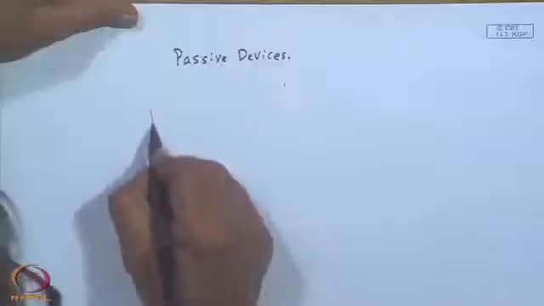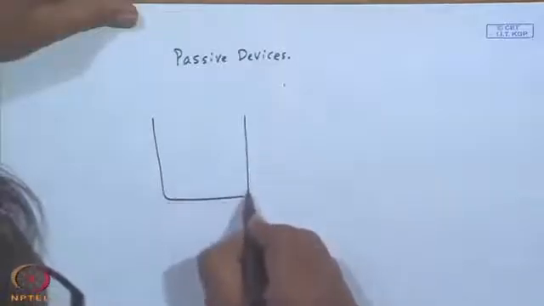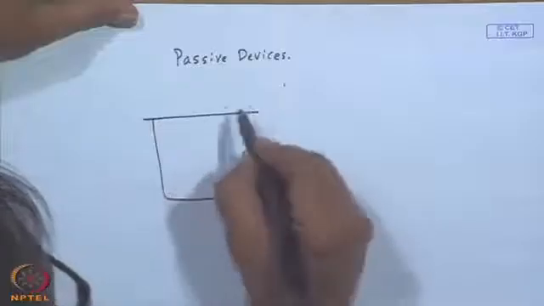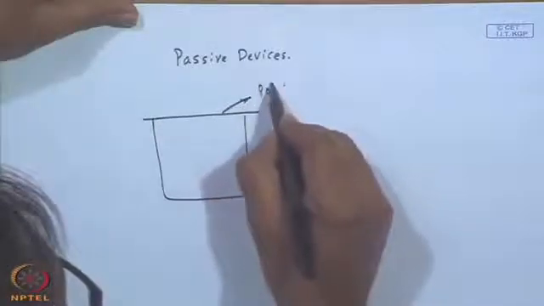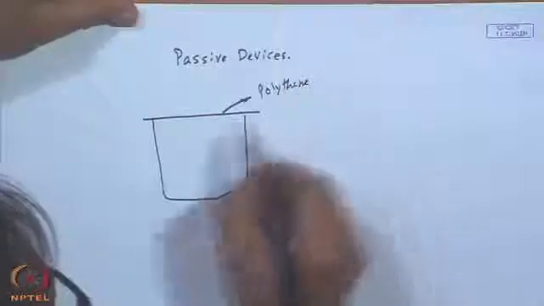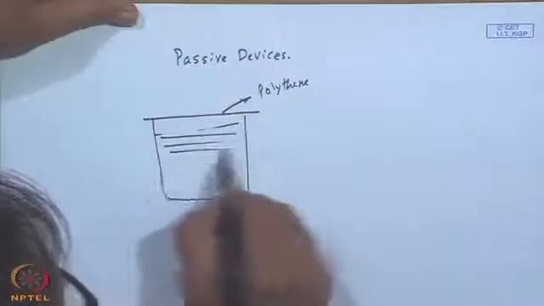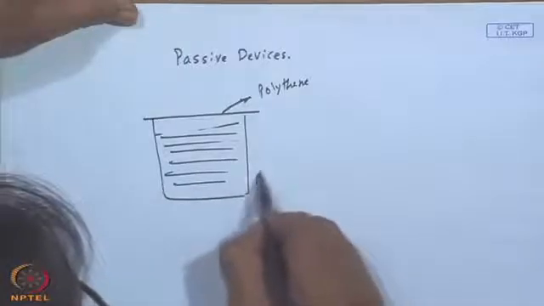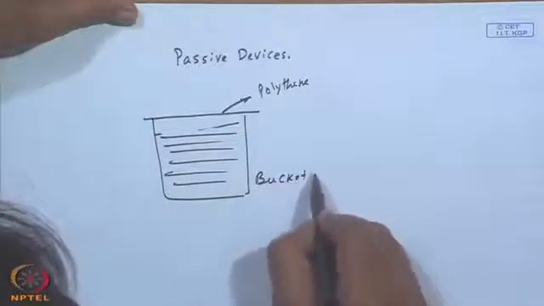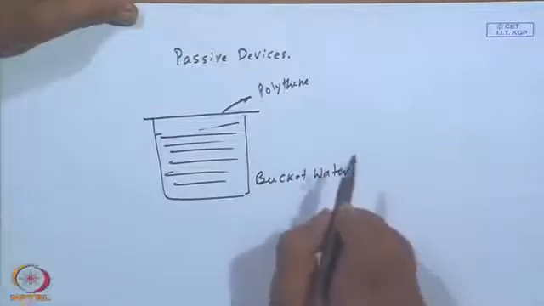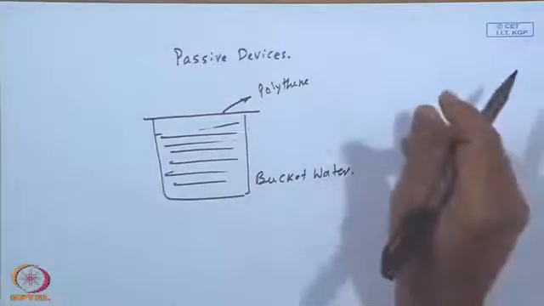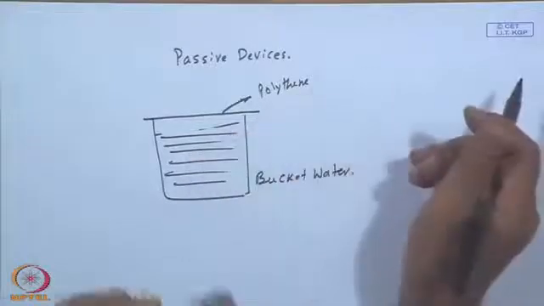Unknowingly or unwittingly, there are many applications which are done passively. For example, if you go to the village side, they take a bucket of water and simply put a sort of polythene sheet and keep it in the sun from 11 o'clock to 12 o'clock or something like that, and it goes up by about 5 degrees.